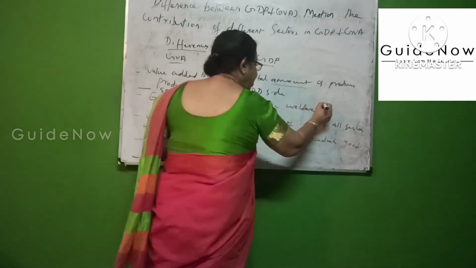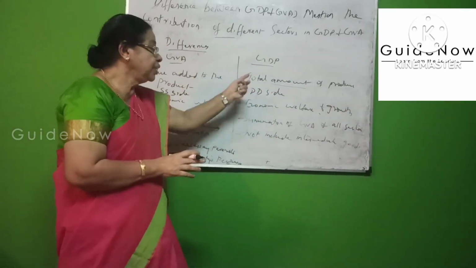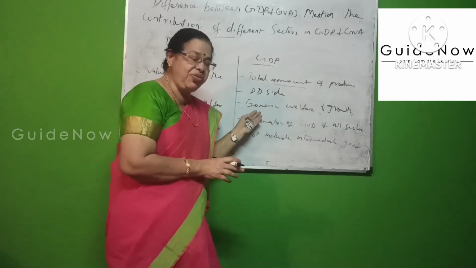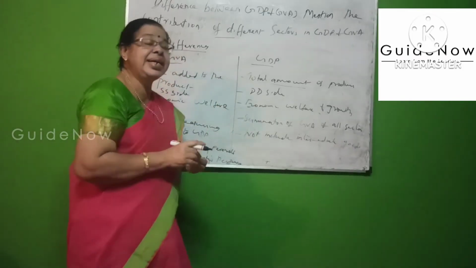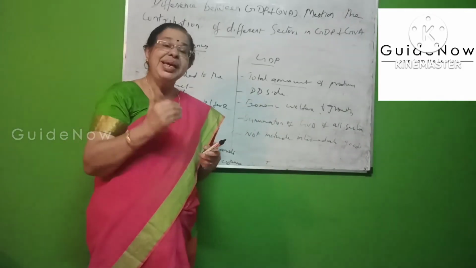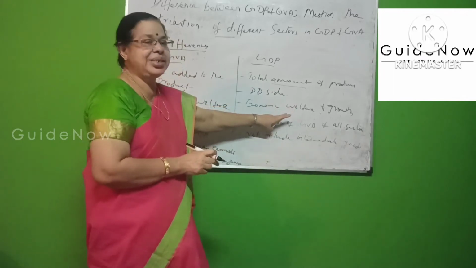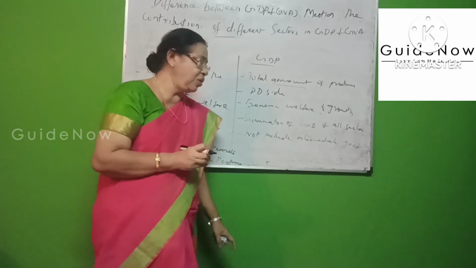Here, GDP takes into account the economic growth and welfare, but GVA only takes into account the economic welfare. GVA only takes into account the economic welfare, but in the case of GDP it considers economic growth and welfare.